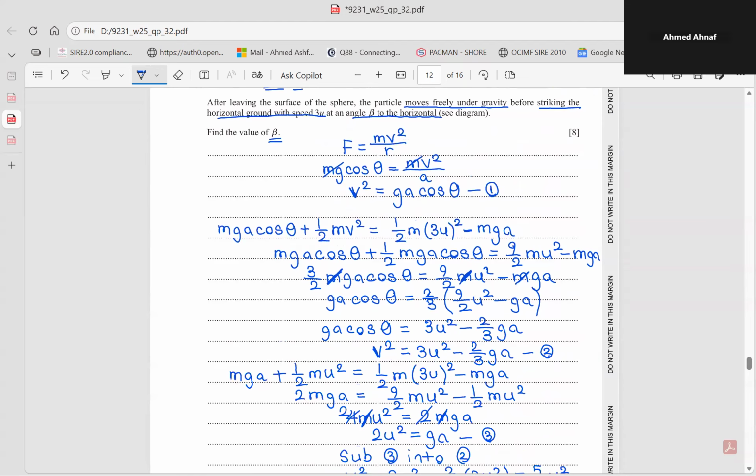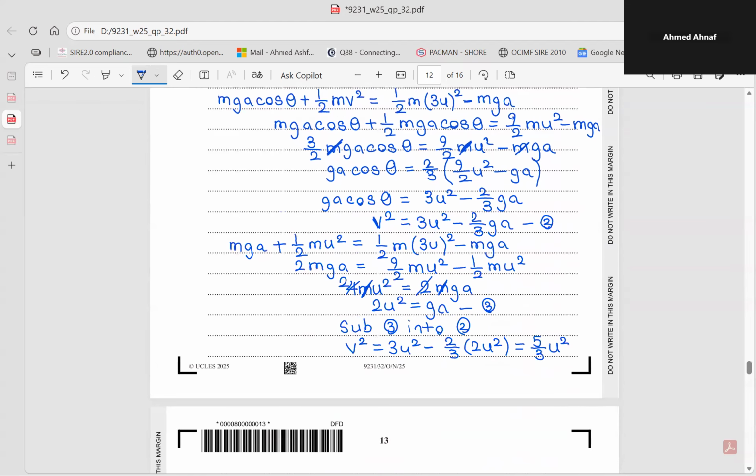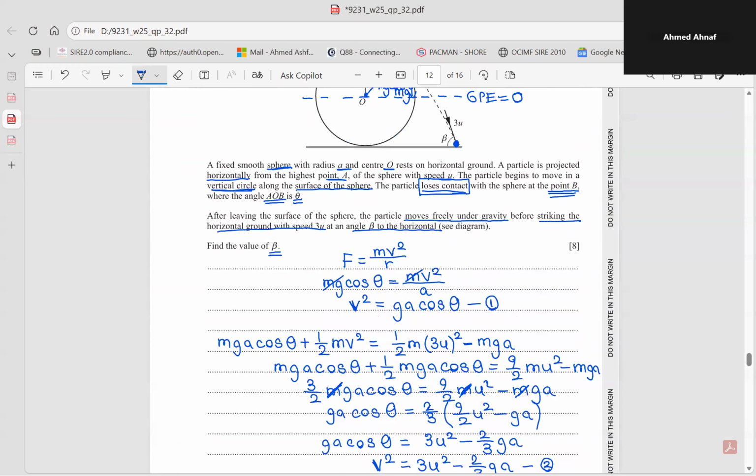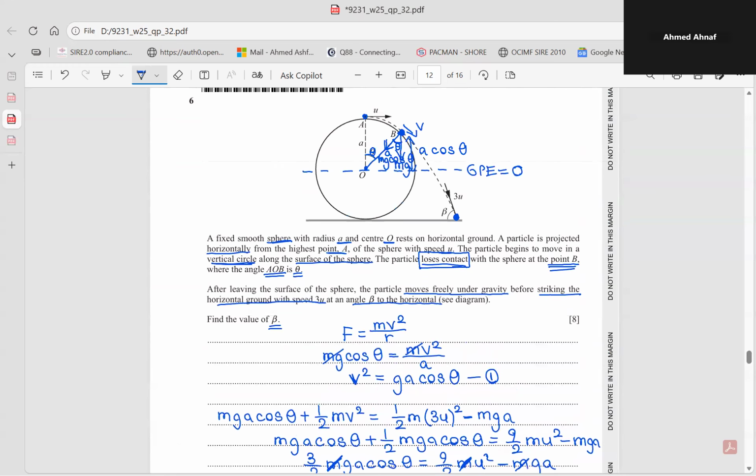So I think we got the expression for V squared in terms of u. This would be the intermediate answer, which we can use to find the value of beta. So, what should we do now?